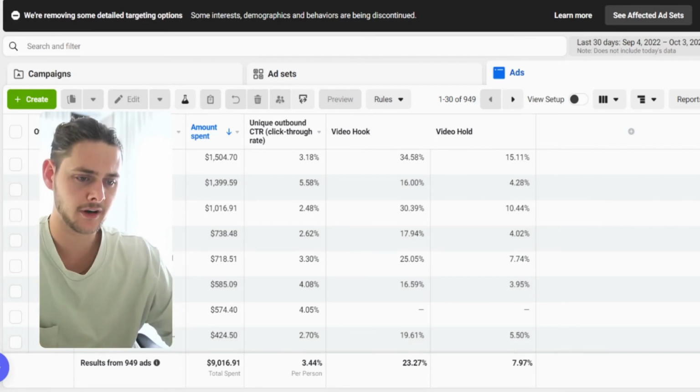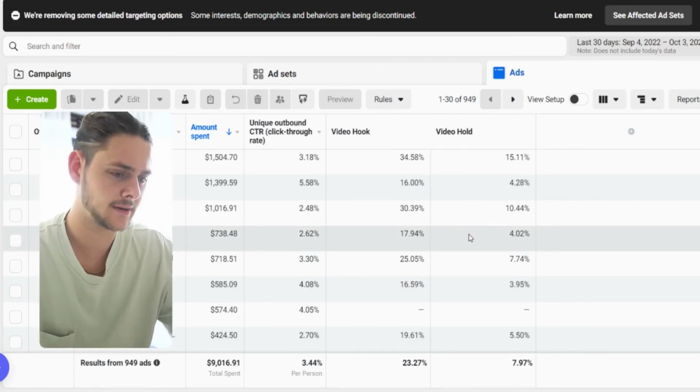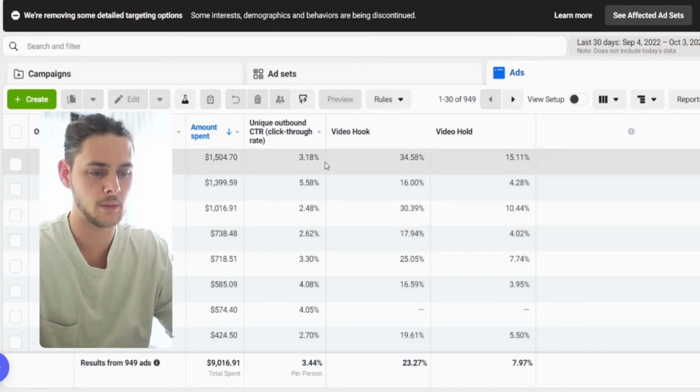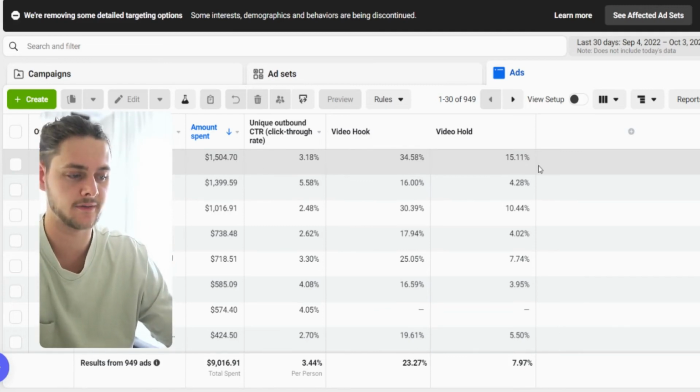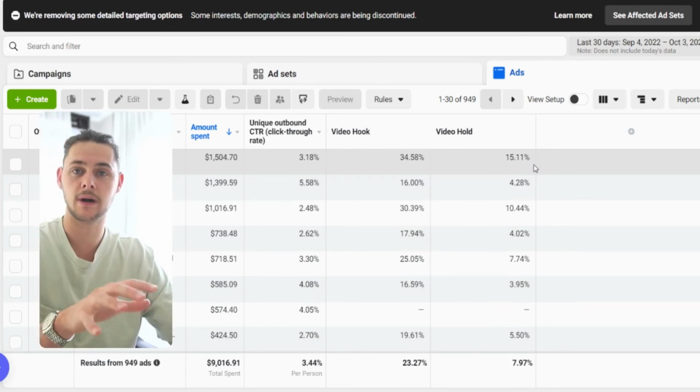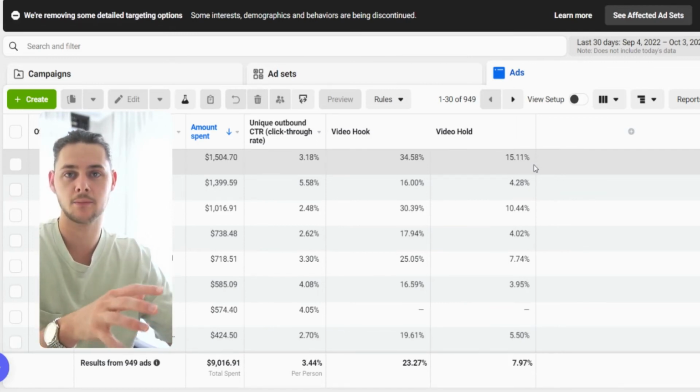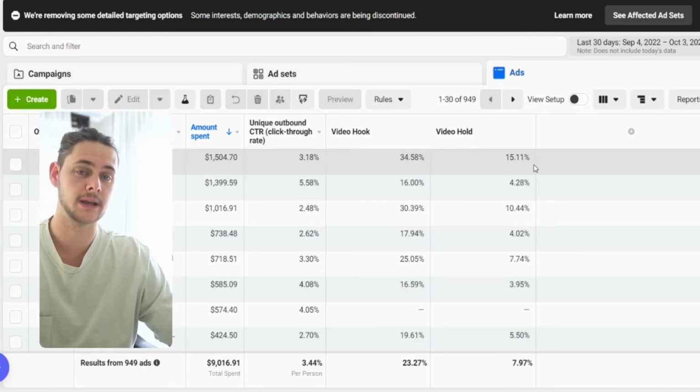So as you can see in front of me, we have a bunch of different ads, and you can instantly see the one with the most spend had the best hook, 34%, and a video hold rate of 15%. So we'll look at what we did right in this video and duplicate the same recipe with the new creatives that we will be creating.